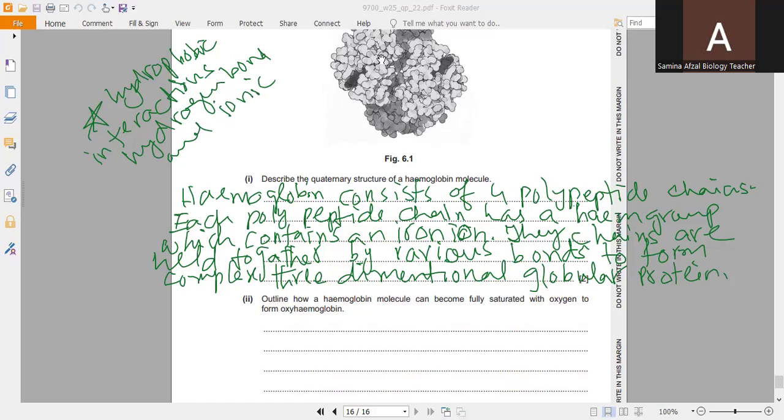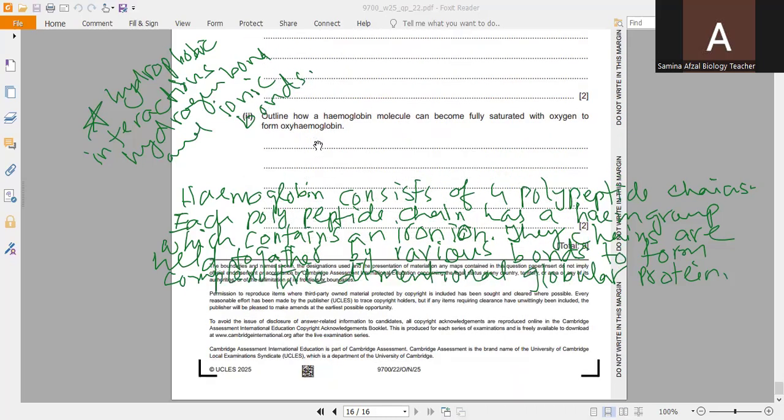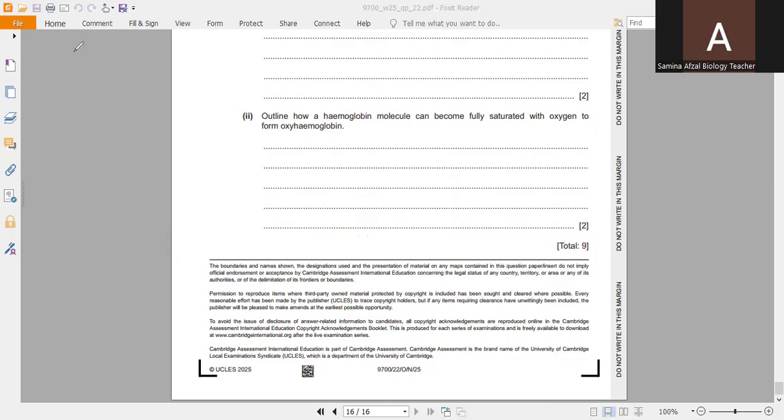And the amino acids are joined together with peptide bonds. You know very well about this. Now the last part of this question is: outline how a hemoglobin molecule becomes fully saturated with oxygen to form oxyhemoglobin.